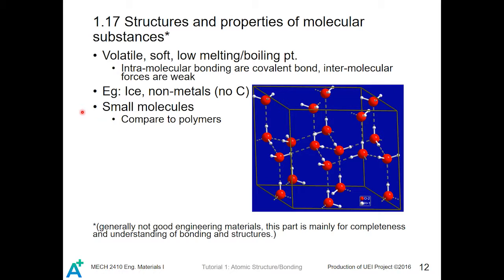For example, ice and some non-metals, but excluding carbon, etc. As their molecules are very small, compared to polymers, they will arrange in such a way, and you can see that the forces between those molecules are basically just secondary bondings.